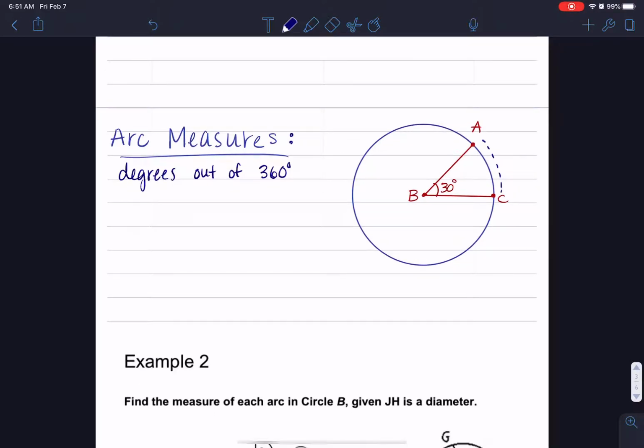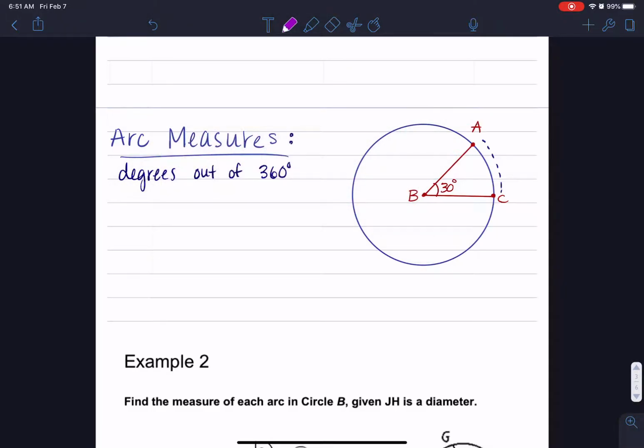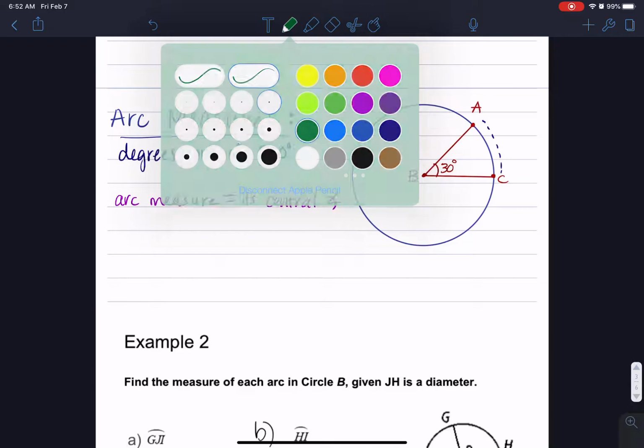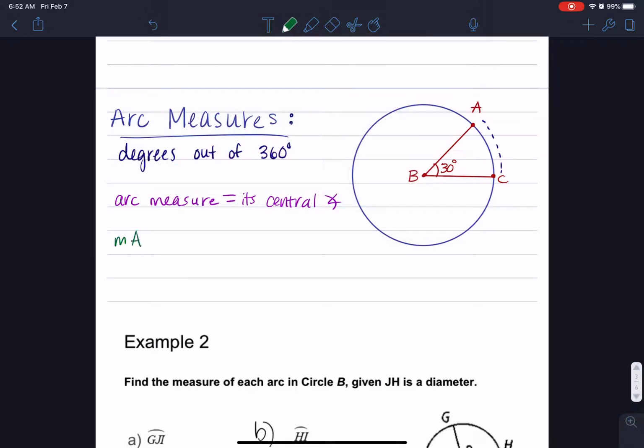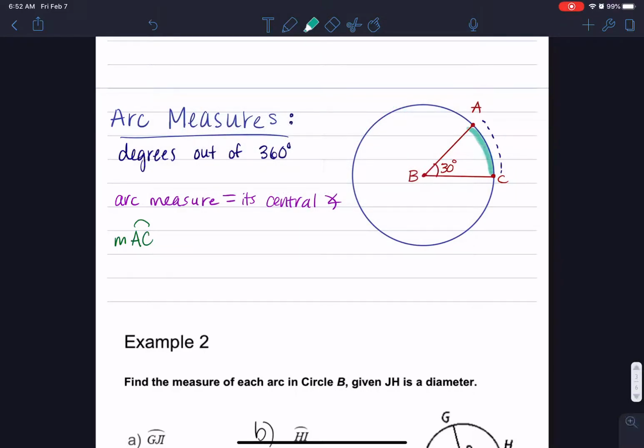So the important thing to know about arc measures is this formula, okay? The arc measure will always equal its central angle. So look at the diagram. For example, we would say the measure of the arc AC, so I'm talking about this arc right here, and see how we put a little m there?